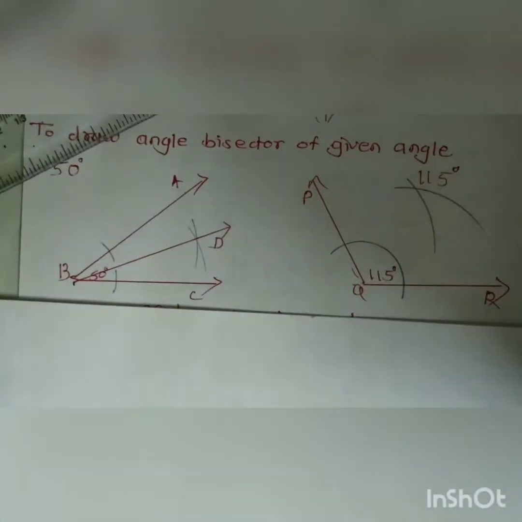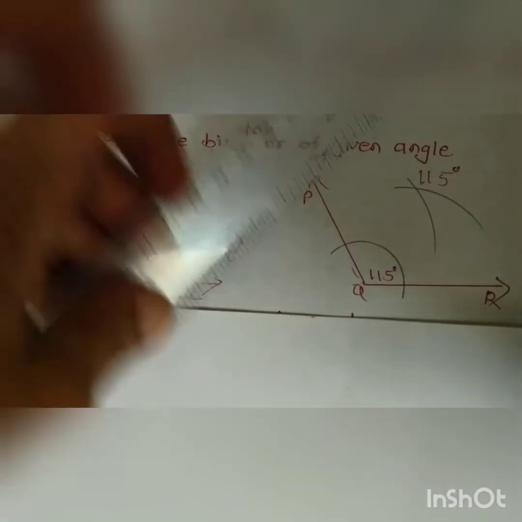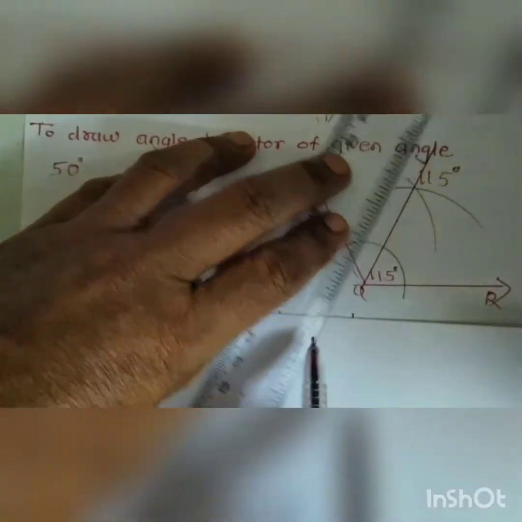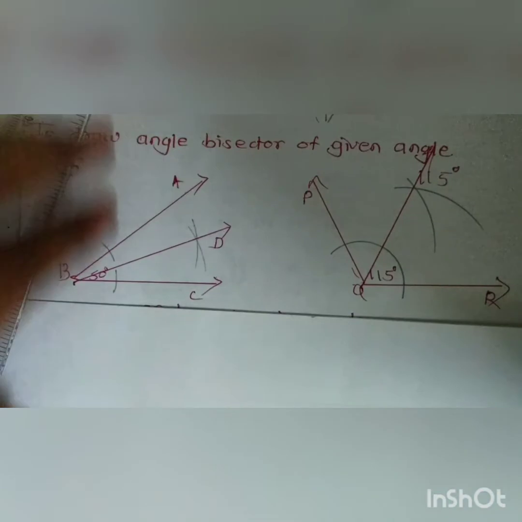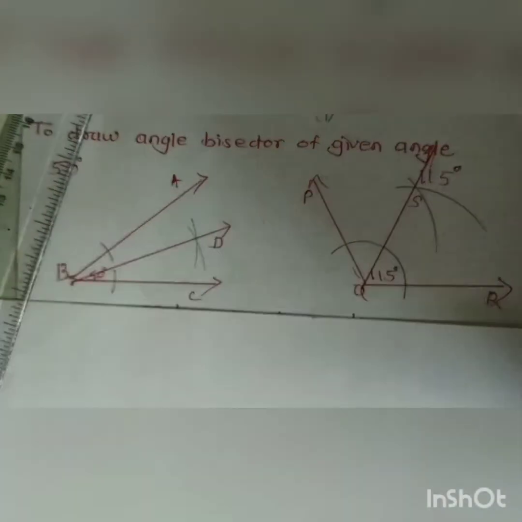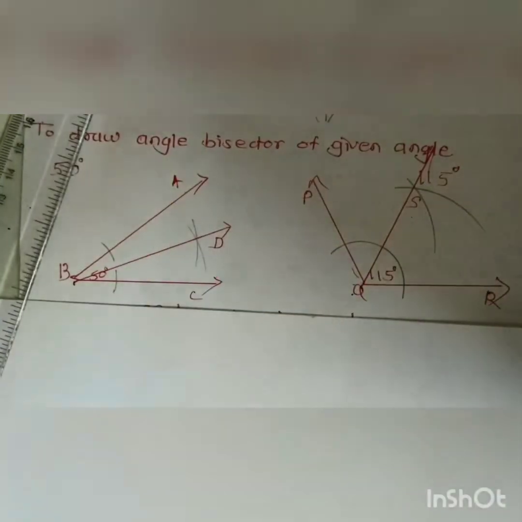Again this is another arc with the same distance from the other point of intersection. Draw a ray passing through the point of intersection of the arcs and point Q. Suppose this is S, ray QS is the angle bisector of angle PQR.